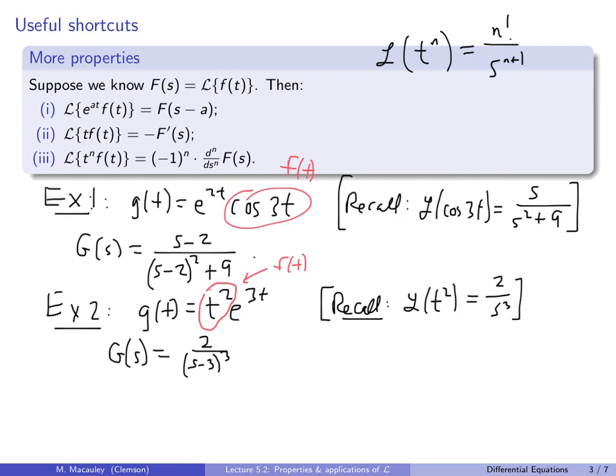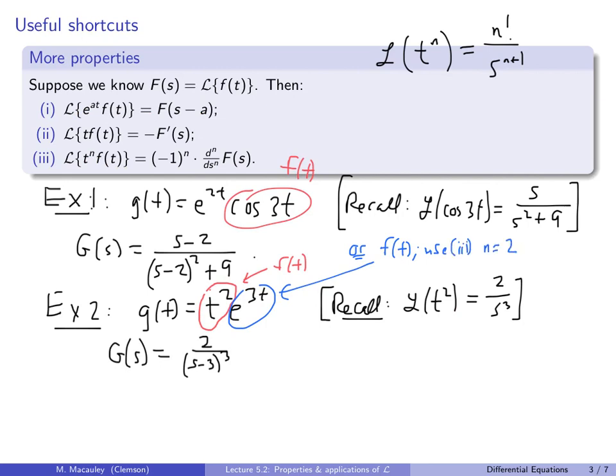And notice, we actually could have done this differently. Instead of calling this f and using the first formula, we could have used this last formula for n equals 2 and called this f. So let's actually do that. Call this f of t and use property 3 for n equals 2.